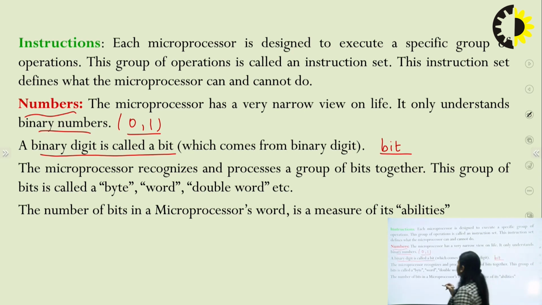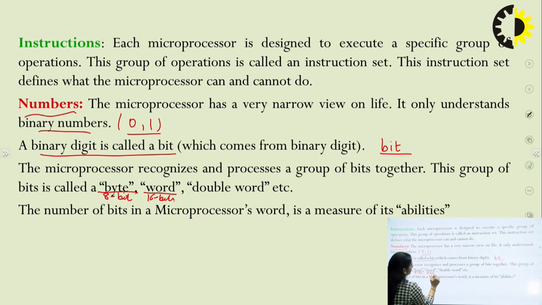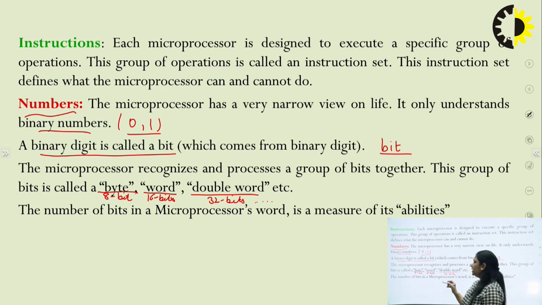A byte is a combination of 8 bits, a word is 16 bits, a double word is 32 bits, and so on. Majorly in the microprocessor 8085 we will be dealing with bytes and words.